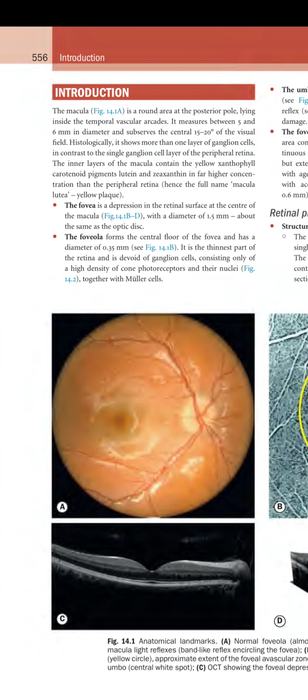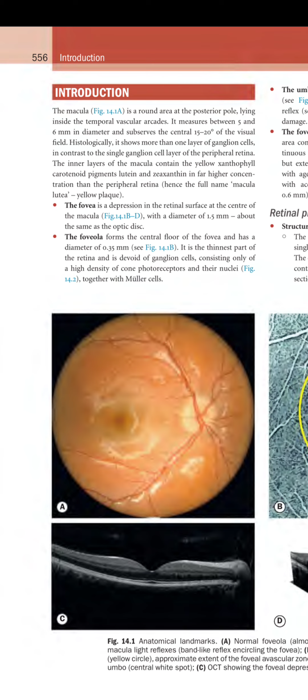Histologically, it shows more than one layer of ganglion cells, in contrast to the single ganglion cell layer of the peripheral retina. The inner layers of the macula contain the yellow xanthophyll carotenoid pigments lutein and zeaxanthin in a far higher concentration than the peripheral retina. Hence the full name, macula lutea, yellow plaque.